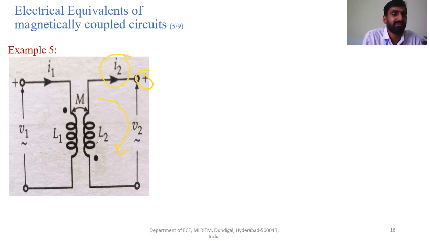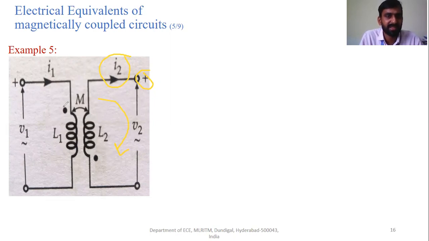So whether we have to consider the M term as positive or negative, that's going to be the big question. If we consider with respect to minus I2, the mutual inductance is going to be negative. If you consider the same direction, the mutual inductance is going to be positive, because here also the current is entering through the dot and here also the current is entering through the dot.